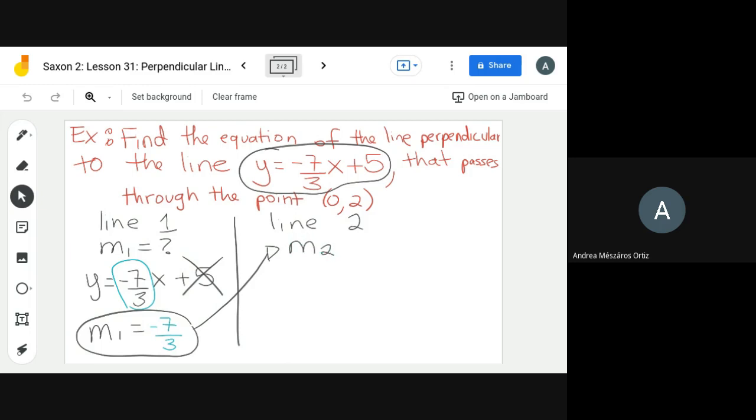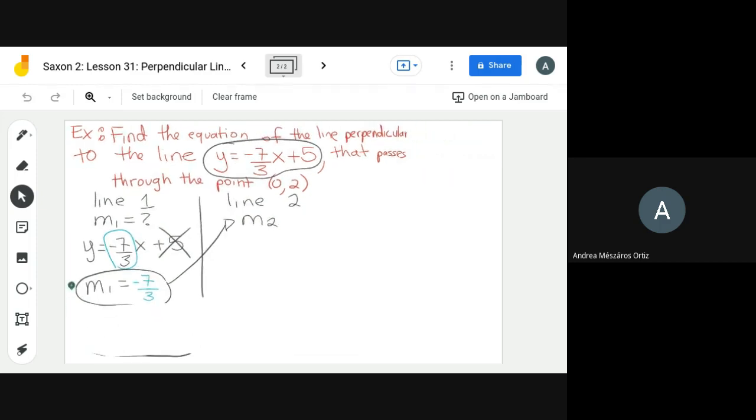And so what would m2 be? Well, it will be the negative reciprocal of m1. And what is the negative reciprocal of negative 7/3? Positive 3/7.